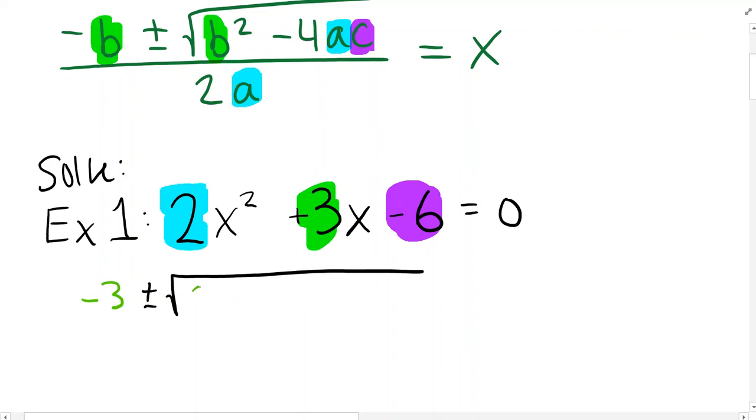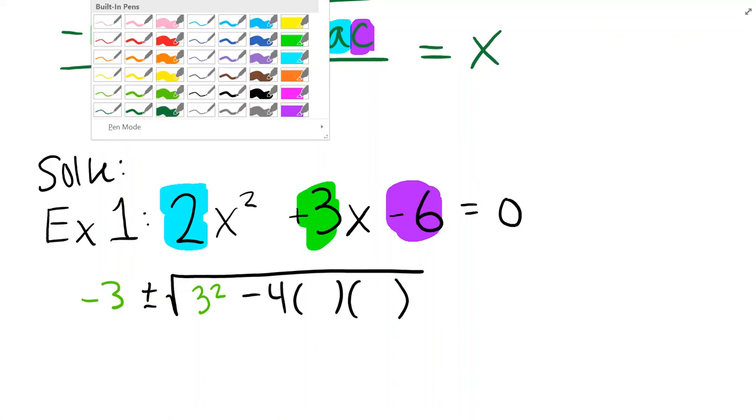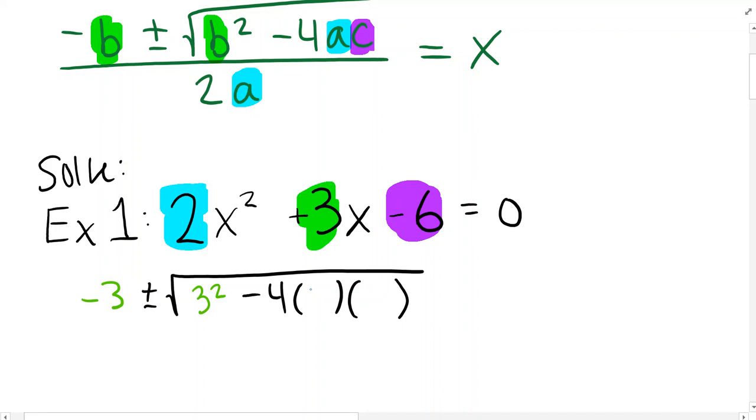So this is going to be 3 squared minus 4 times a times c. My a is 2, my c is negative 6, and this is all over 2 times my a, and again my a is 2.